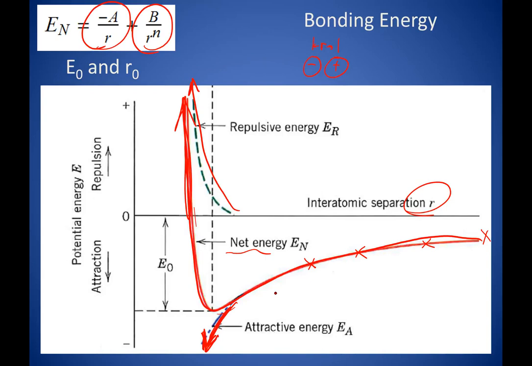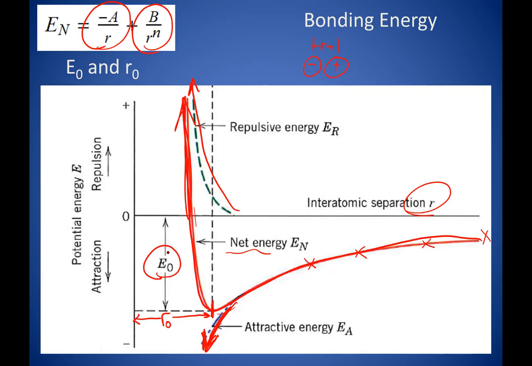And so the equilibrium distance is this minimum in the net energy curve. So this distance out to the minimum is R0. That's the equilibrium separation. And the value here of this well, how deep it is, is the bond energy, E0. And so that's where we would get the equilibrium spacing and the bond energy.